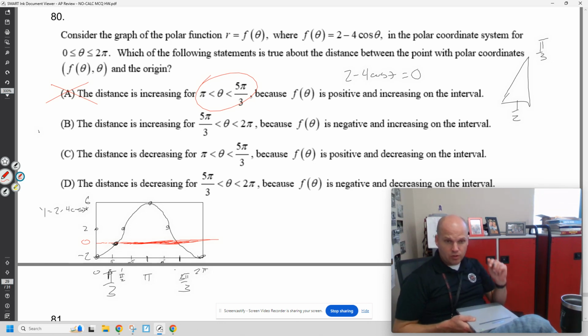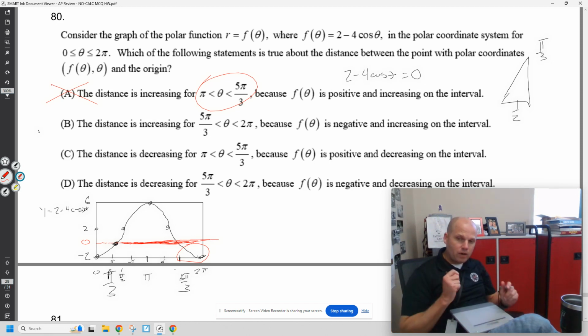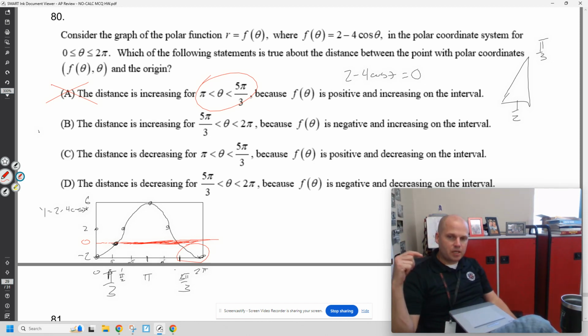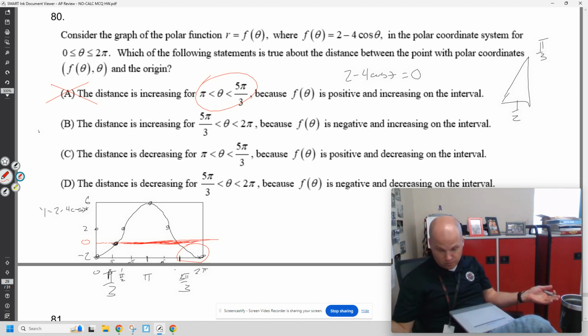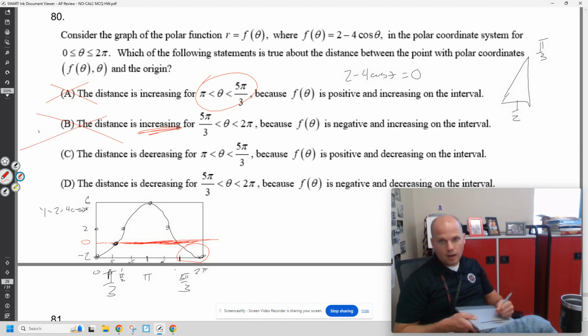From 5 pi over 3 to 2 pi, from here to here, my radiuses are negative and decreasing. Because my radiuses are negative and decreasing, they are getting further away from 0. Because my radiuses are getting further away from 0, the distance is increasing. The distance is increasing because f is negative and what? Nope. It's negative and decreasing.